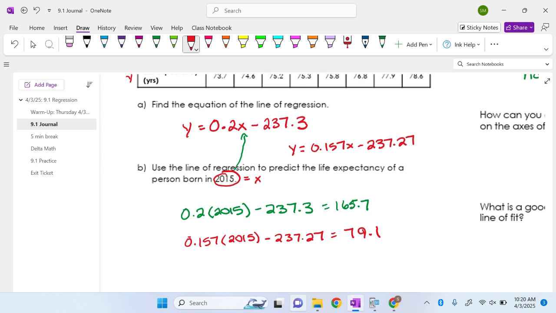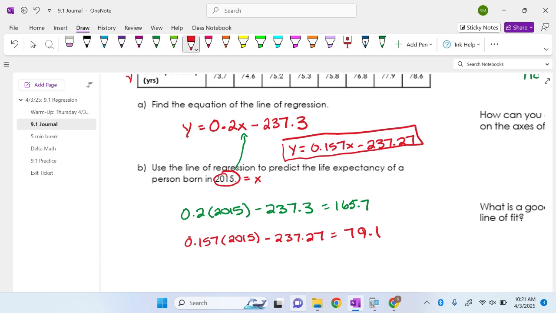Same points that we got from our regression, same values, we just rounded them differently. So sometimes I would say that this equation is the better line of regression because it gives us an answer that's plausible. Because let's face facts here, guys. Do humans typically live for 165 years? No. All right. Unless we're back in the biblical sense.